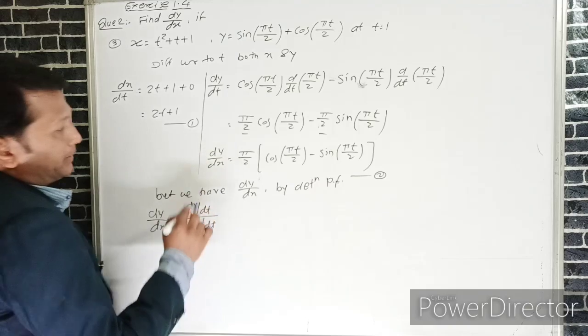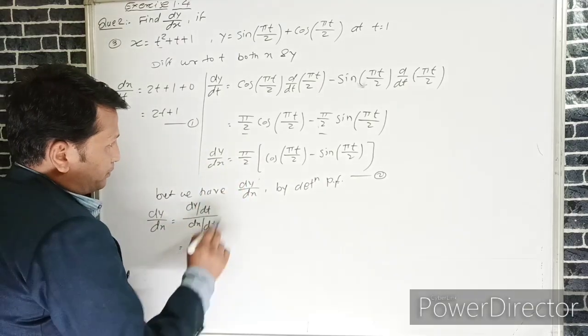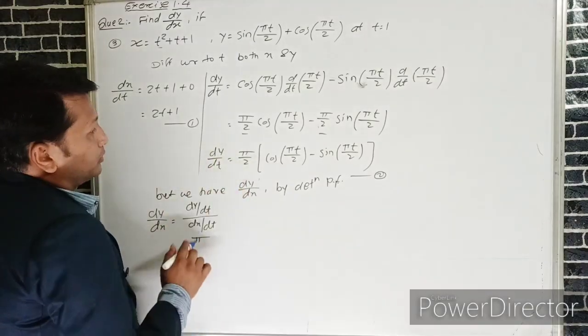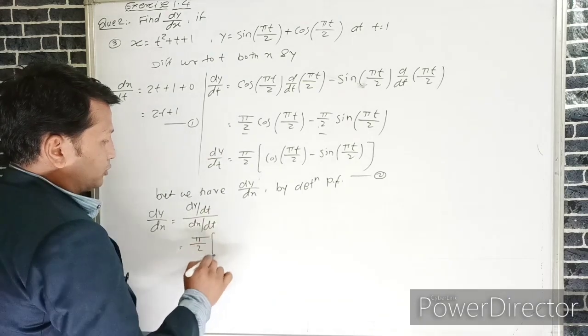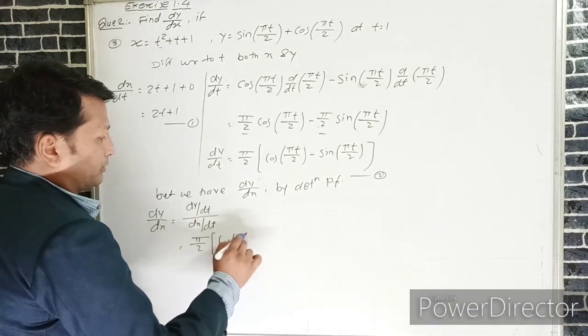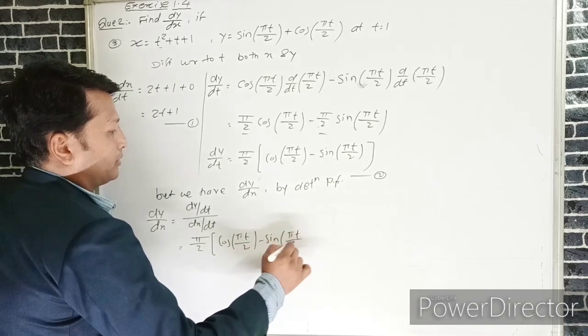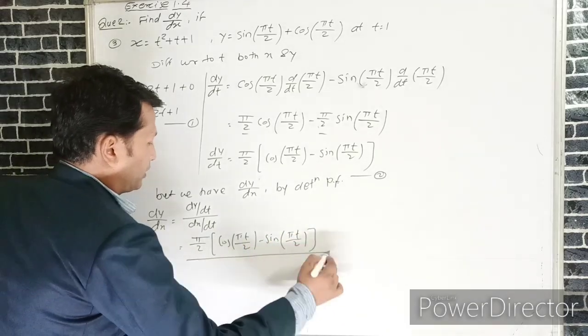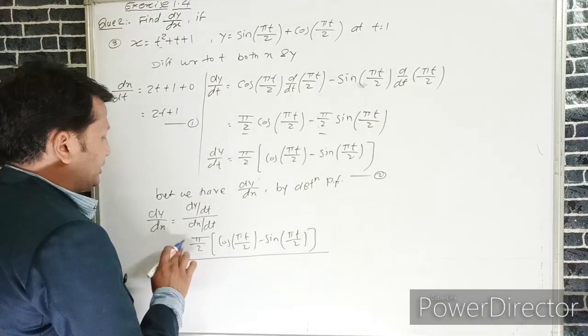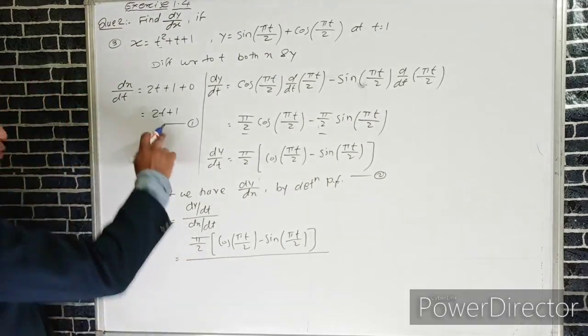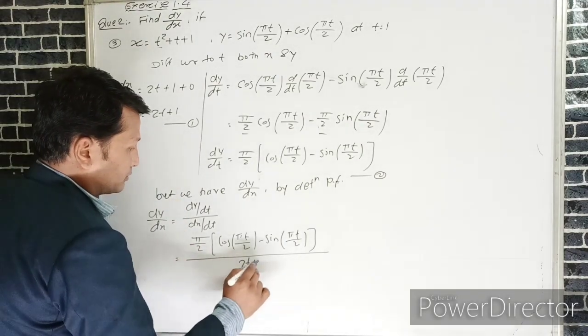Here the value of dy by dt is pi by 2 into cos of pi t upon 2 minus sin of pi t upon 2, upon the denominator, which is dx by dt, which is 2t plus 1.